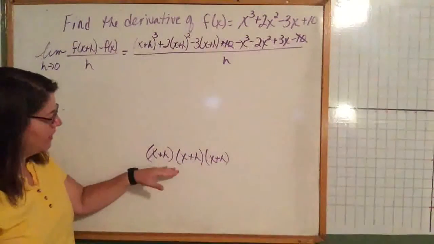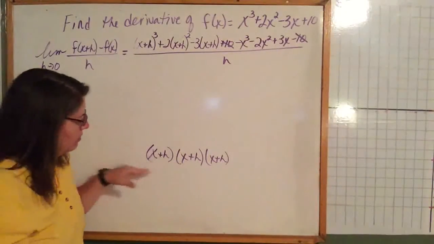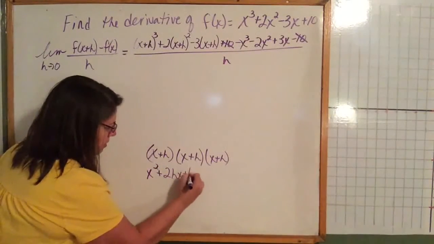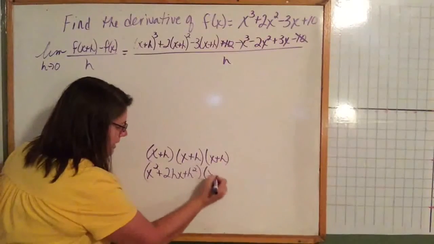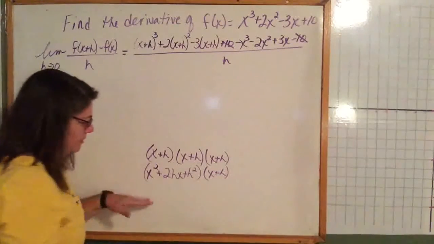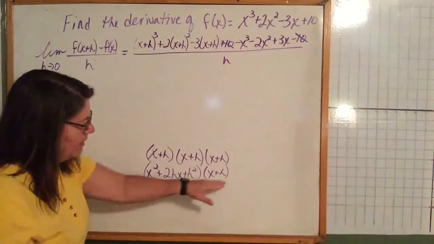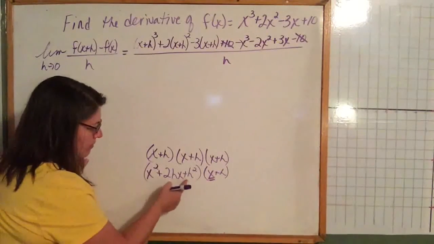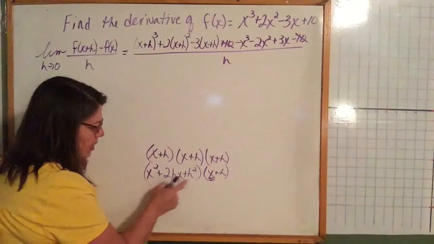So I've got x plus h multiplied, that's a binomial, so that's just that. And then I need to multiply this trinomial by the binomial. So that means I'm going to take the x and multiply it by all of these terms. Then I'm going to take the h and multiply it by all of these terms.